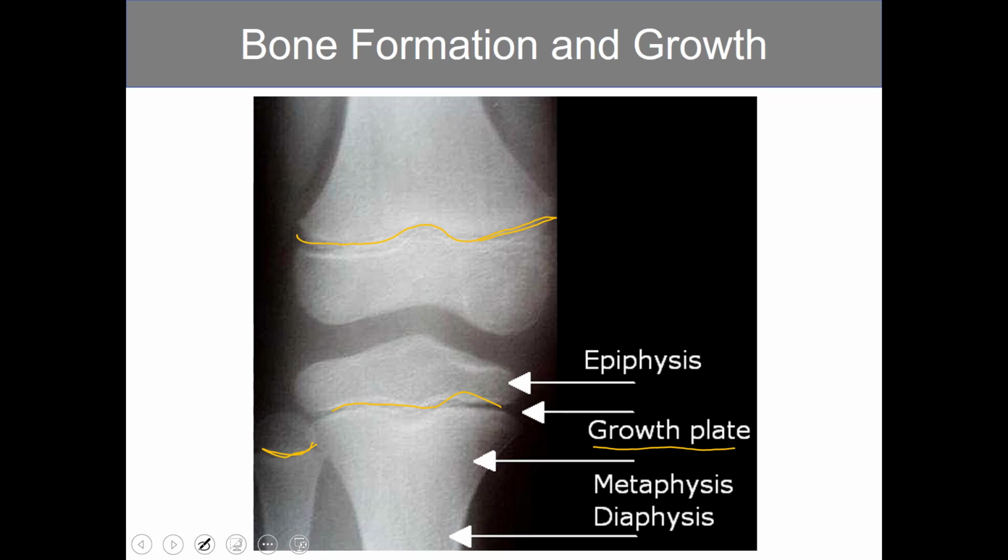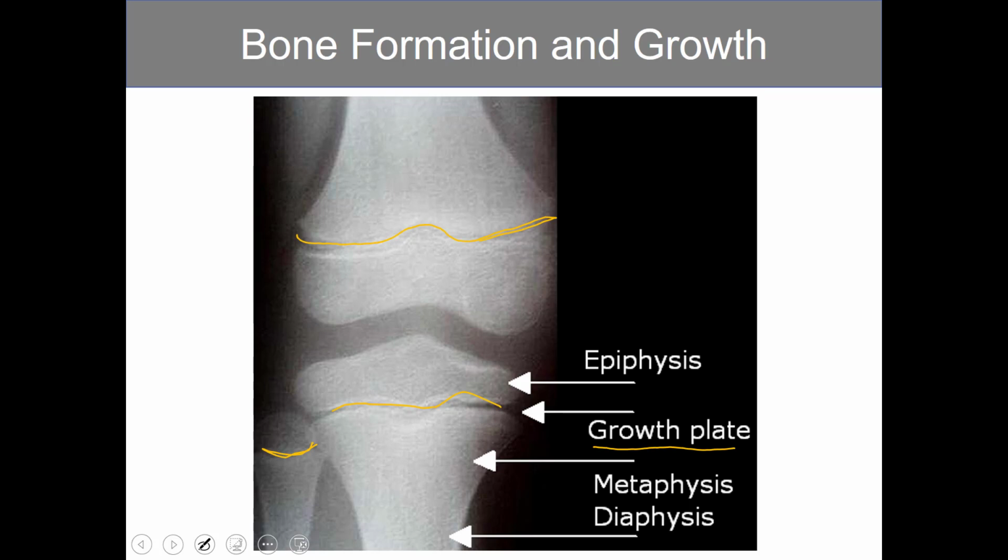So at these growth plates are these epiphyseal cartilages, and cartilage is continually being added, and as the cartilage enlarges, it is quickly ossified, and that process, again, of chondrification followed by ossification continues.